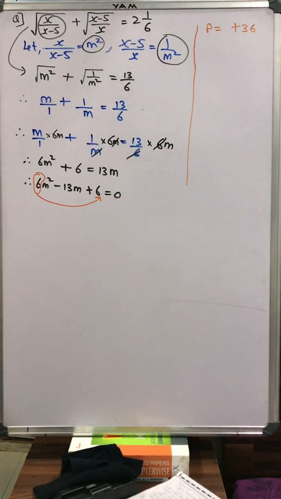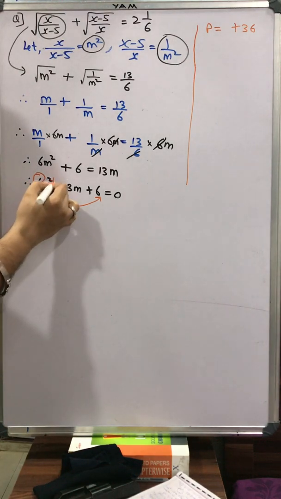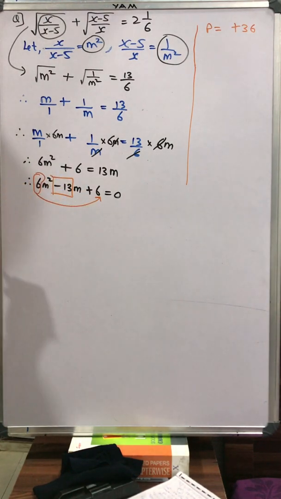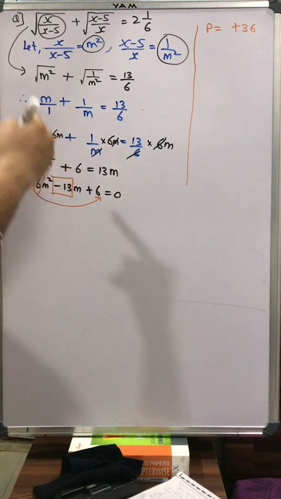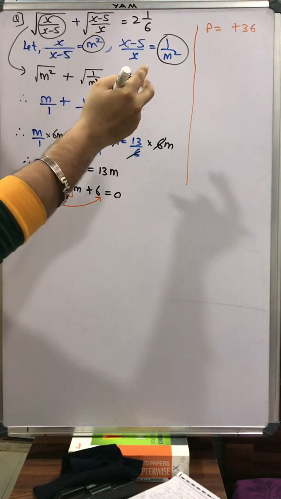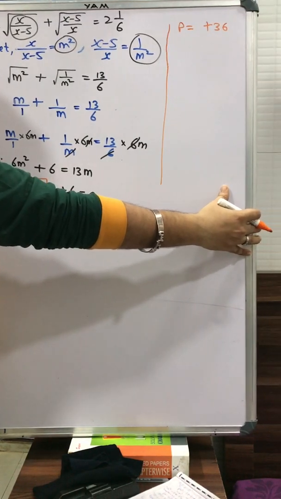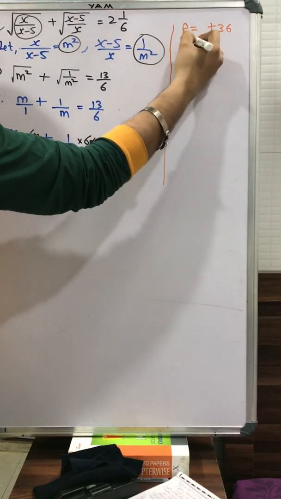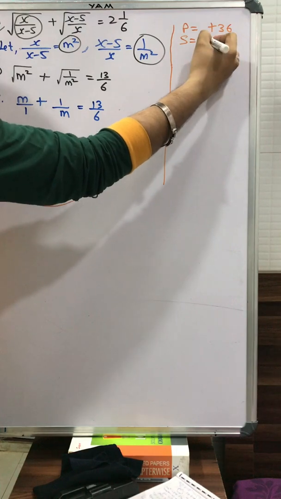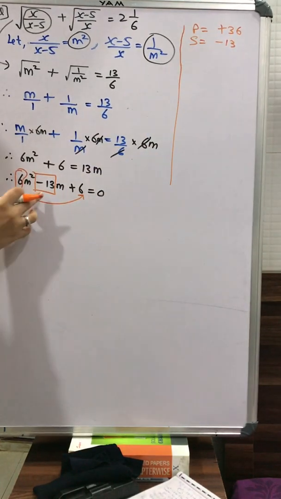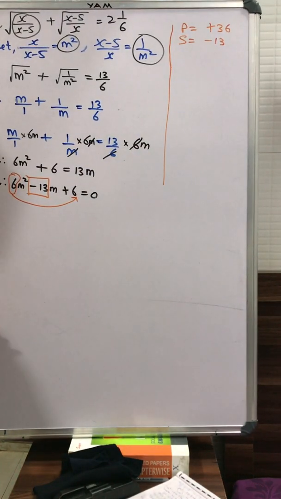Okay, I should get plus 36. And students, here I have minus 13. So such two numbers that if I multiply, the product should be plus 36, and the summation of same two numbers should be minus 13. It came from here. Okay, minus 13.